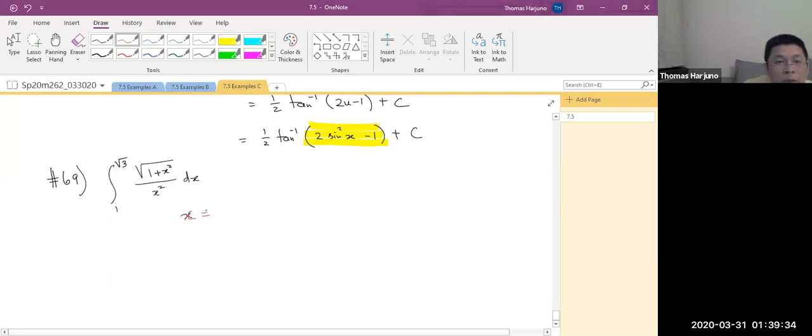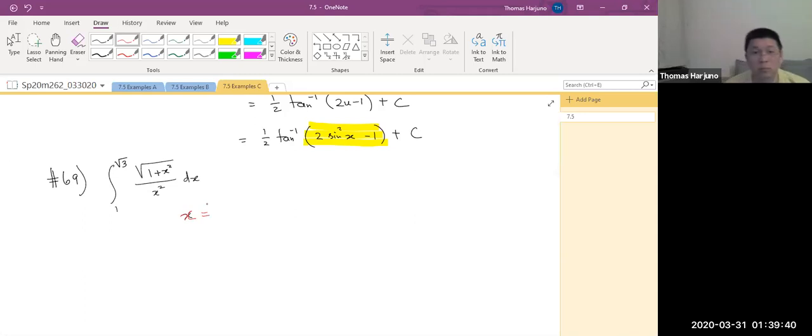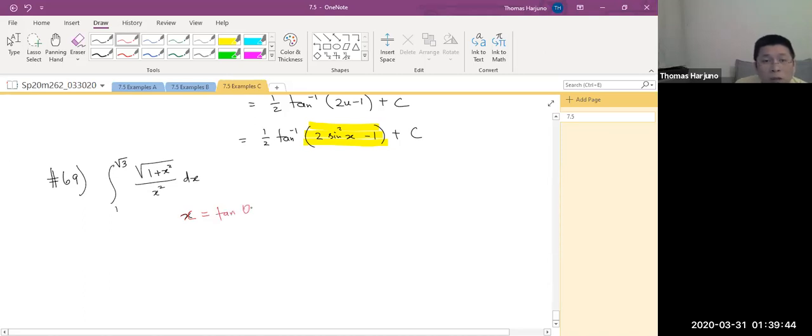x equals what? I think I will use x equals tangent theta. So 1 plus x squared is secant squared theta, and the square root of 1 plus x squared is secant theta. And dx is secant squared theta d theta.